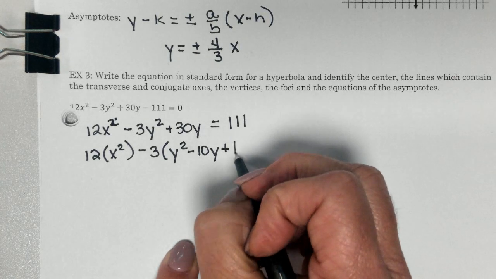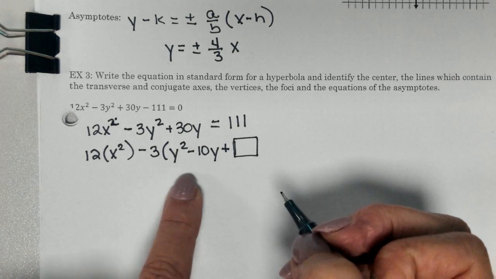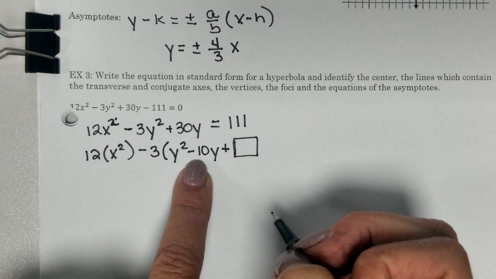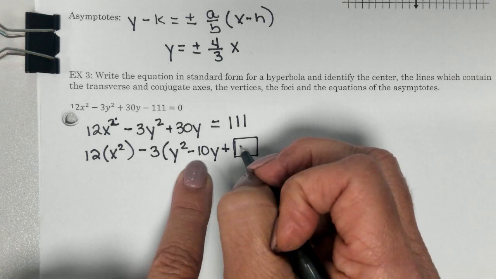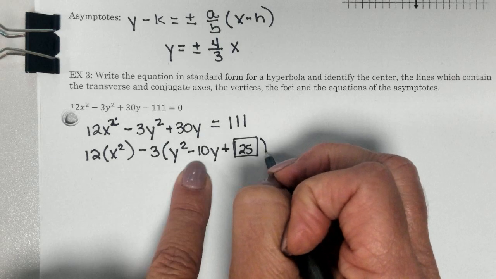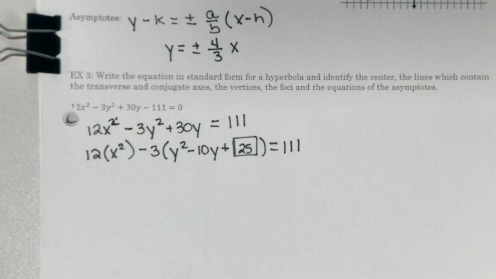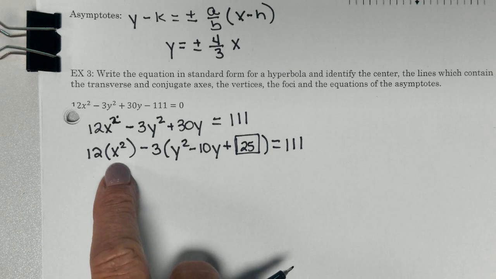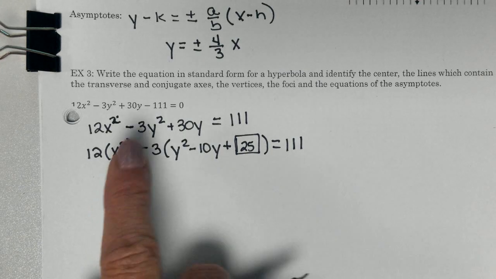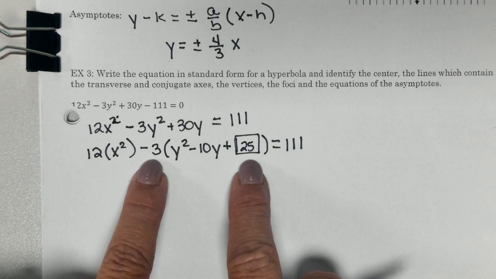And then when I complete the square, what would my value for c be? 25. There you go. Equals 111. Now, I did not complete the square for x, so there's nothing that I added extra for it. But this is where you got to be careful.